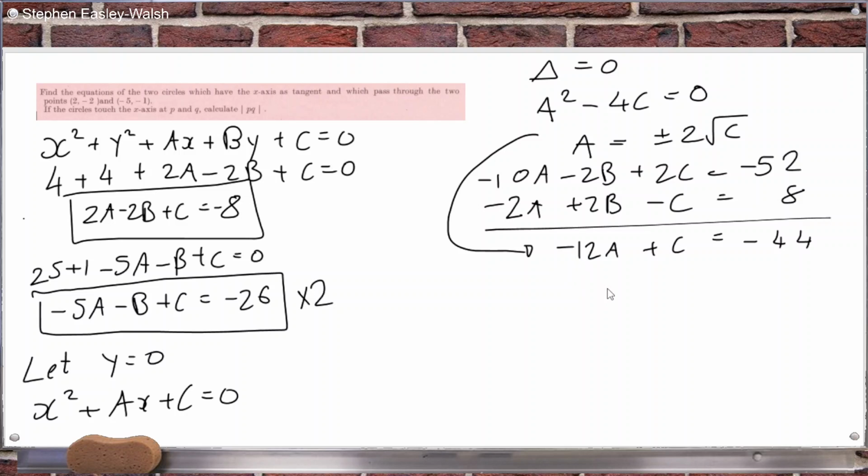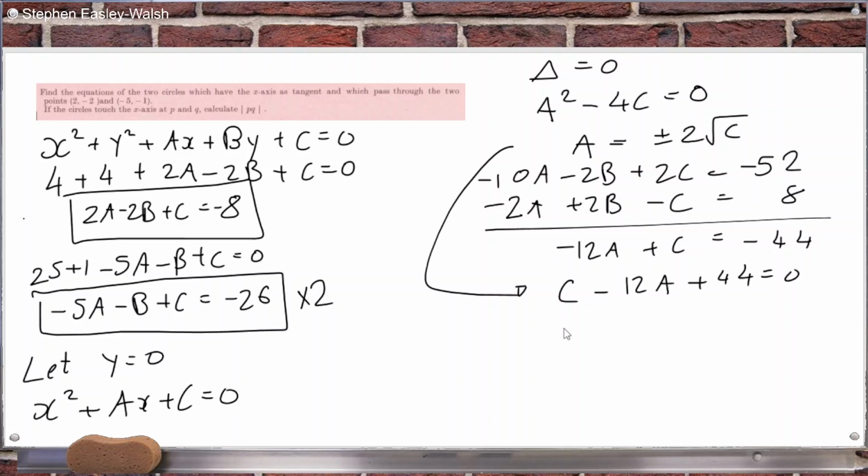Before I sub it in, I'll just clean this up a little bit. I'll just say it's c minus 12a plus 44 equals 0. And then I sub that in. Plus or minus 2 root c.